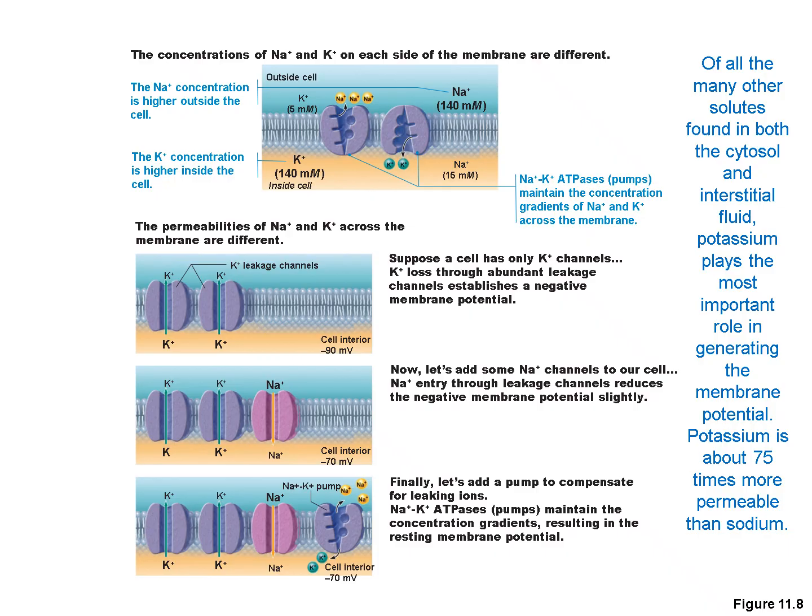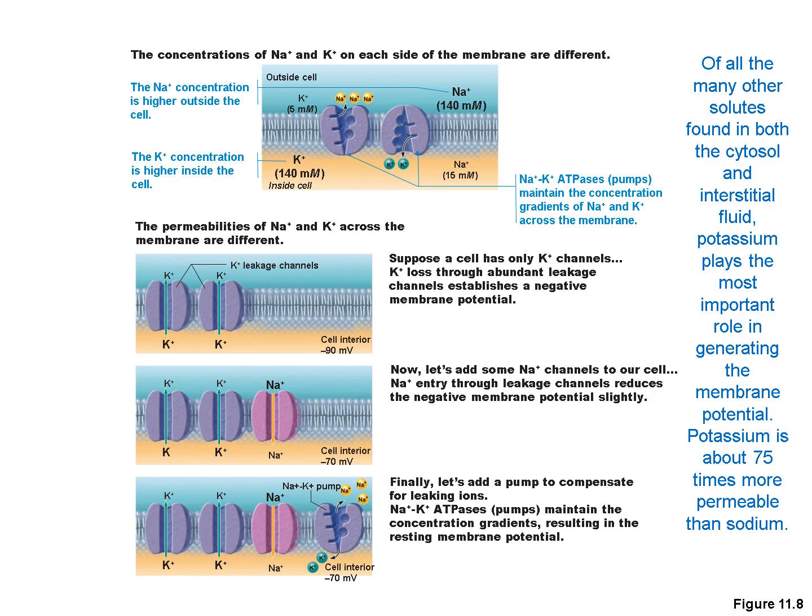The resting membrane potential is generated by differences in the ionic makeup of the intracellular and extracellular fluids and the differential permeability of the plasma membrane to those ions. Recall that the cell cytosol contains a lower concentration of sodium and a higher concentration of potassium than the extracellular fluid. The sodium-potassium pump expends ATP to maintain the concentration gradients of sodium and potassium across the membrane.